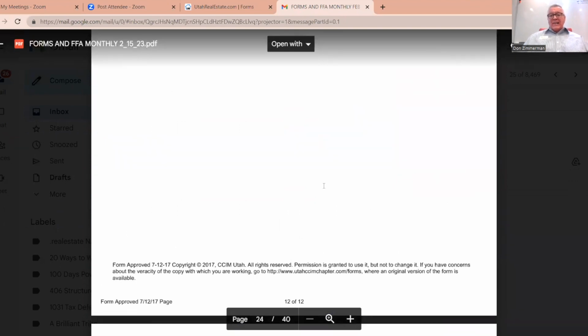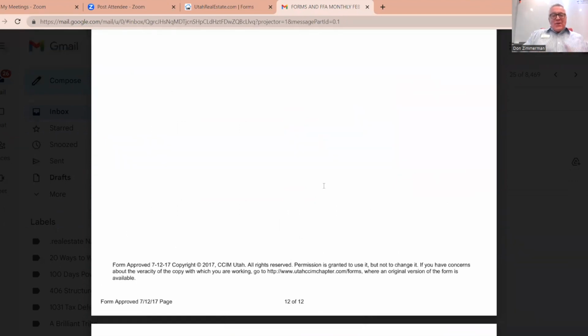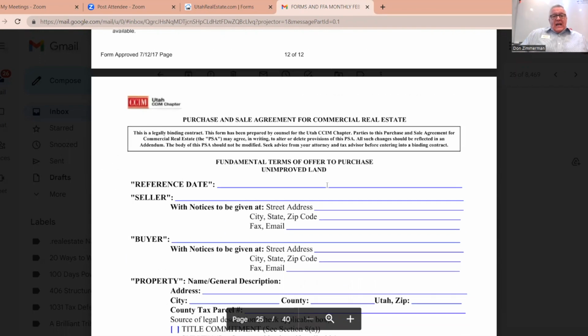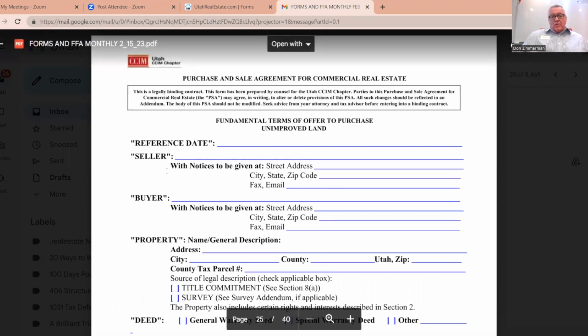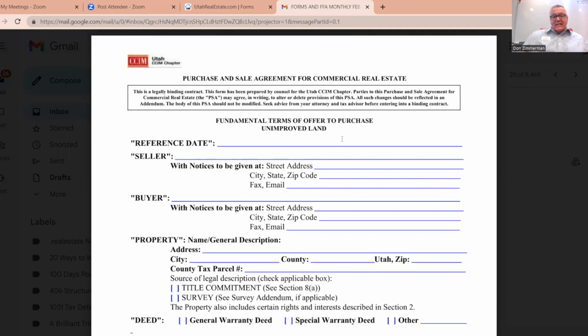Just like I'm excited to see this next one. Didn't know that it was on here. Right now, because the building boom is going crazy, even through the times that we're going through now, the builders are starting to ramp up again. And so there's a lot of raw land sale, isn't there? Well, guess what? They created a purchase and sale agreement for commercial real estate, fundamental terms of offer to purchase unimproved land.